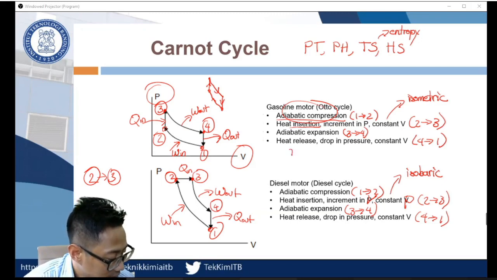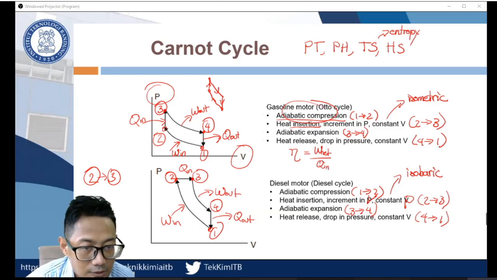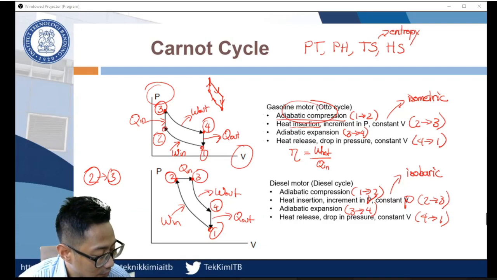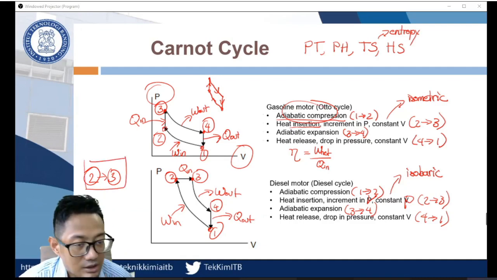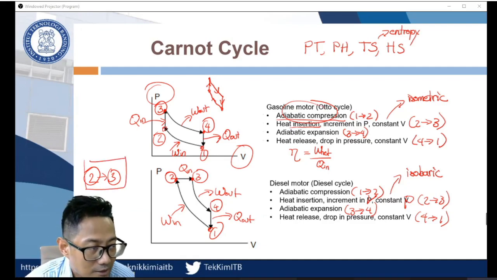Remember that the efficiency is equal to work net per heat in, both for Otto cycle and also diesel cycle. Remember, the work net would be different, because only one step is different, it can affect the whole thermodynamic process. Okay, up to this point, any question?